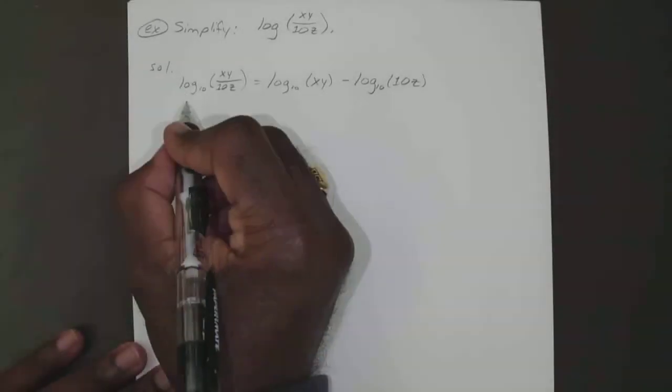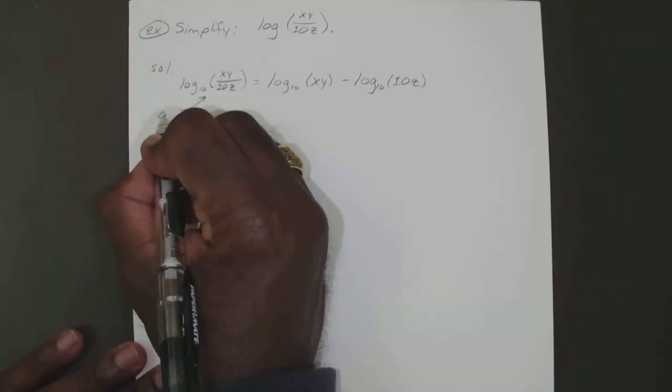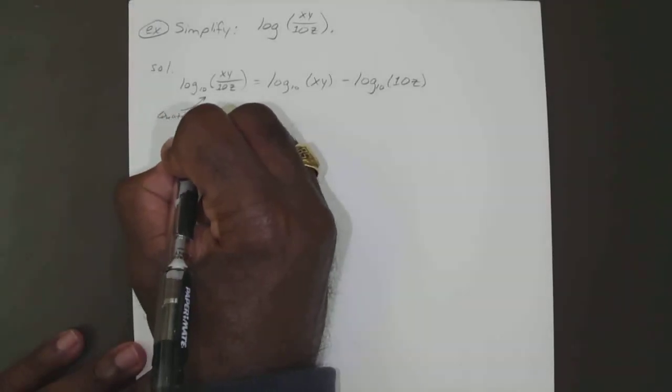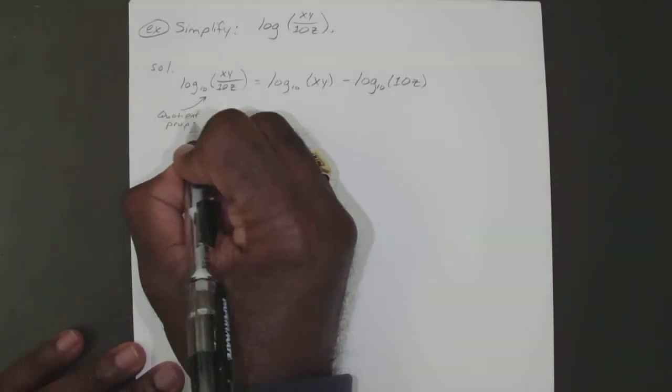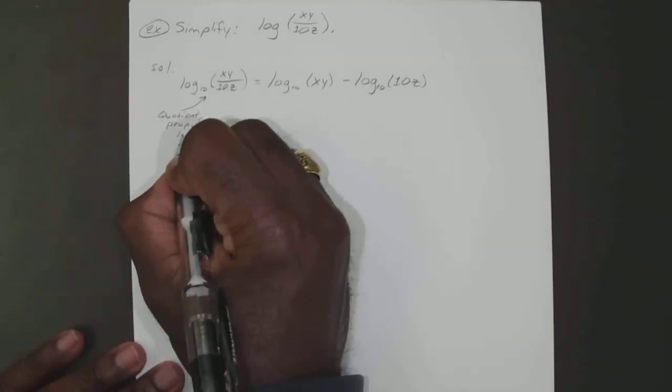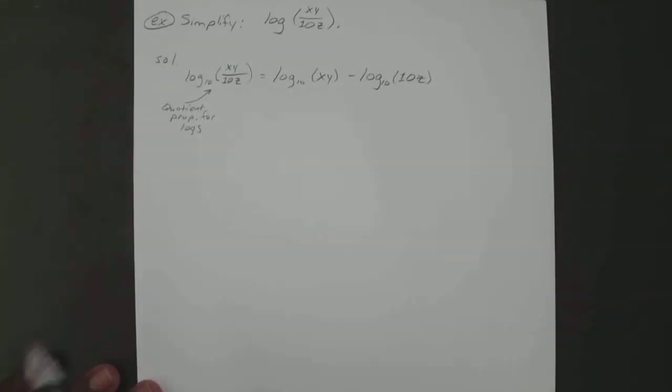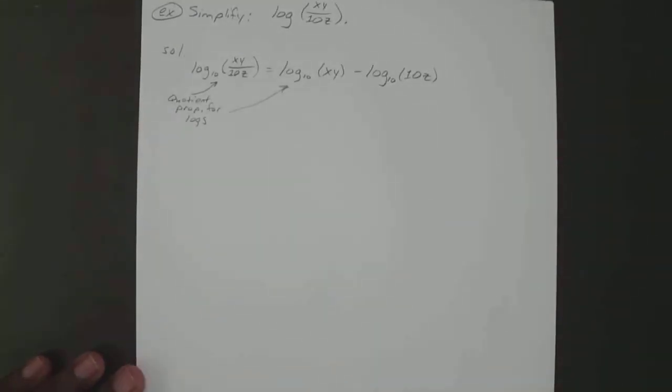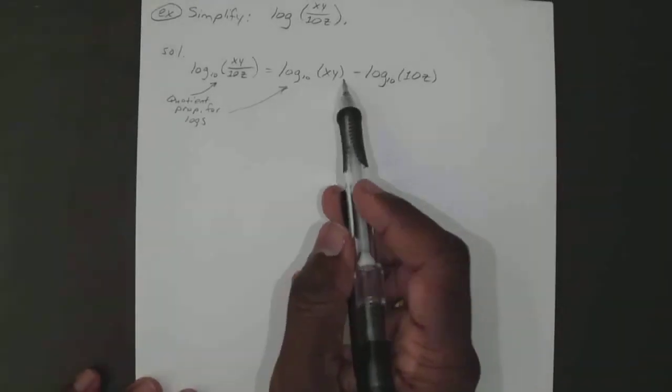Okay, so we separated this one using the quotient property for logarithms. But the thing is, once we applied the quotient property, that left us with two product properties.